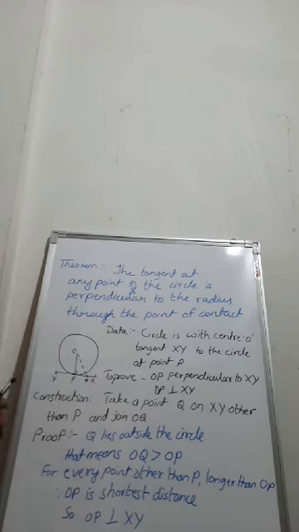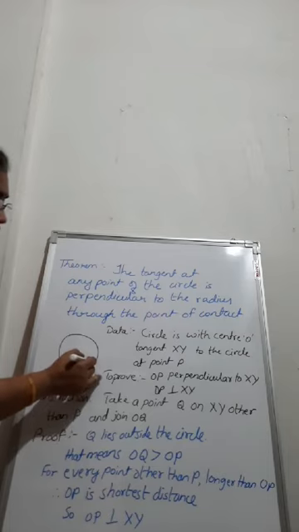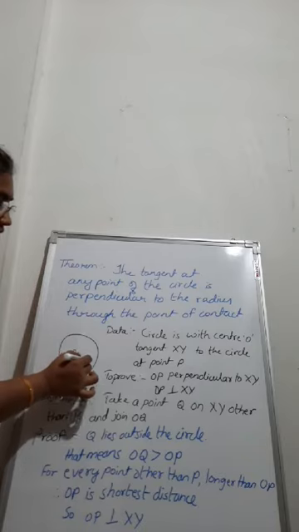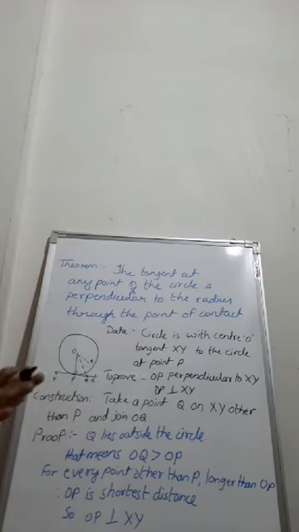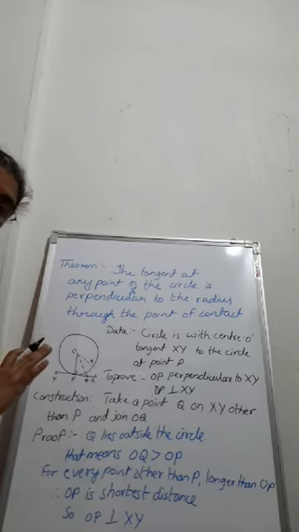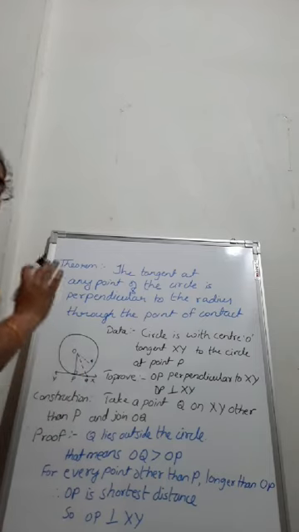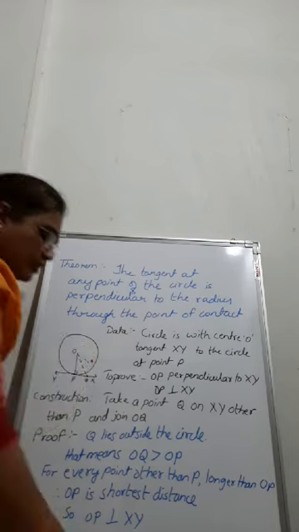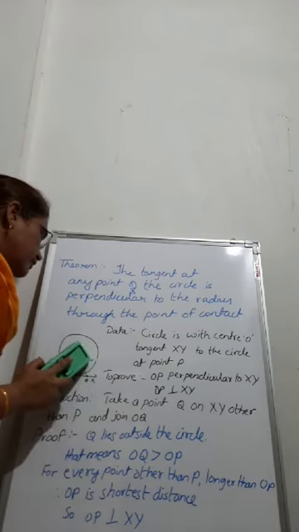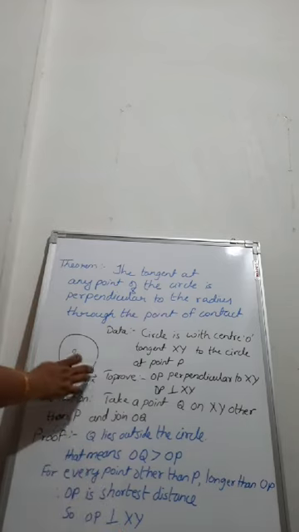What happens if Q lies inside the circle? See, I will take Q at this point. If I take Q at this point, OQ will not become a tangent or anything. It will become a secant. So that is not required for us. Therefore, we have to take any point on the XY line because that is the tangent.